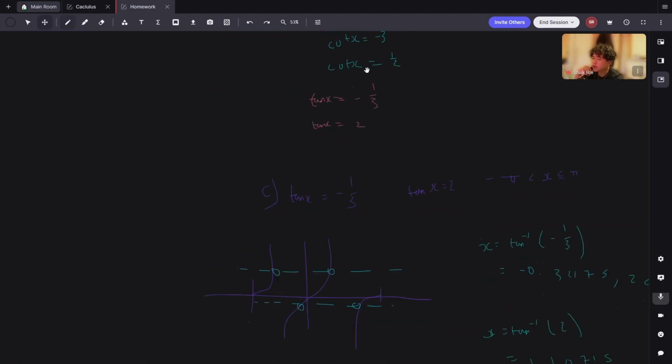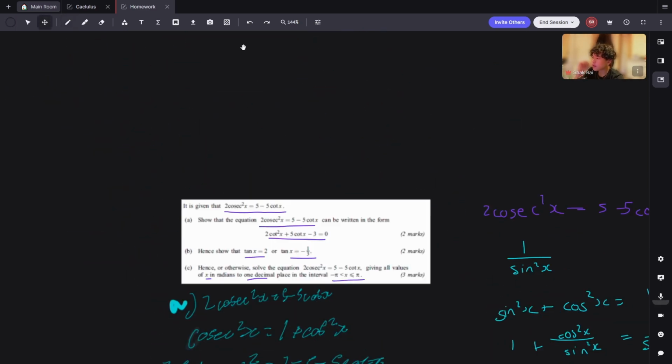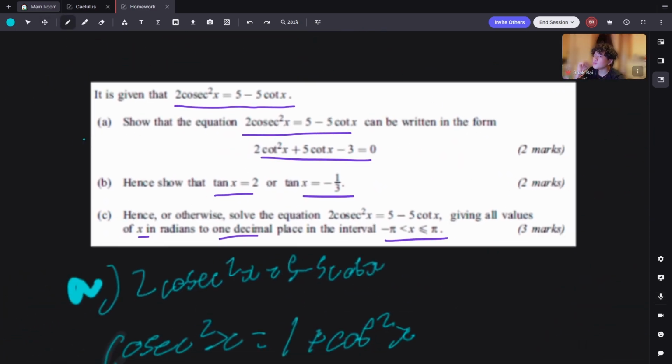So as we can notice, most A-level questions are going to be like this. They build you up, so they help you. Part A and part B actually help with part C. And as you can tell, they kind of lead from one another. So one question leads to another question that leads to another question. Like a really hard question, they could ask this, they probably won't.